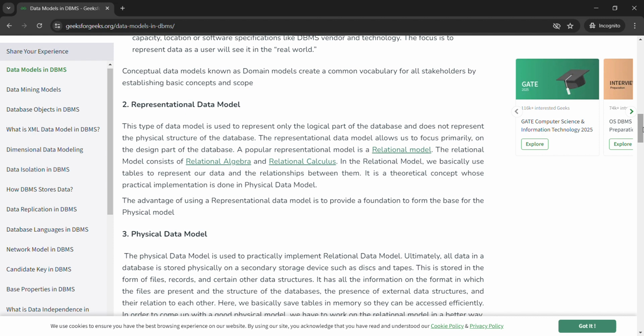The advantage of using a representational data model is that it provides a foundation to form the base for the physical model. So this is all about the representational data model.